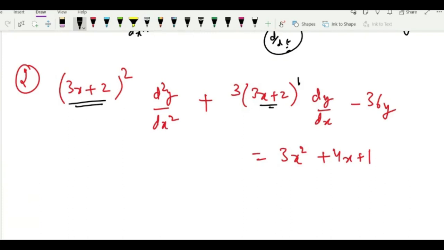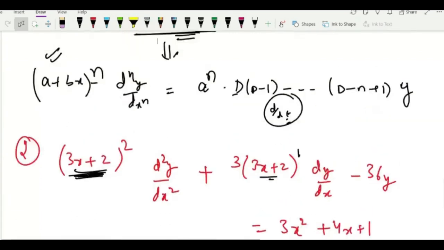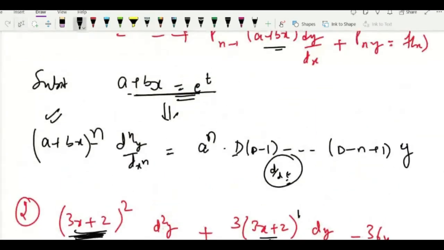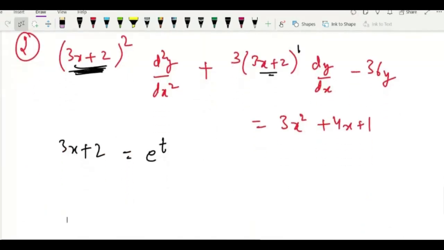And here we substitute this whole 3x plus 2 is equal to e raised to power t, like the previous one. And by this substitution, we find that b raised to power n comes with it, where this is the b in a plus bx.